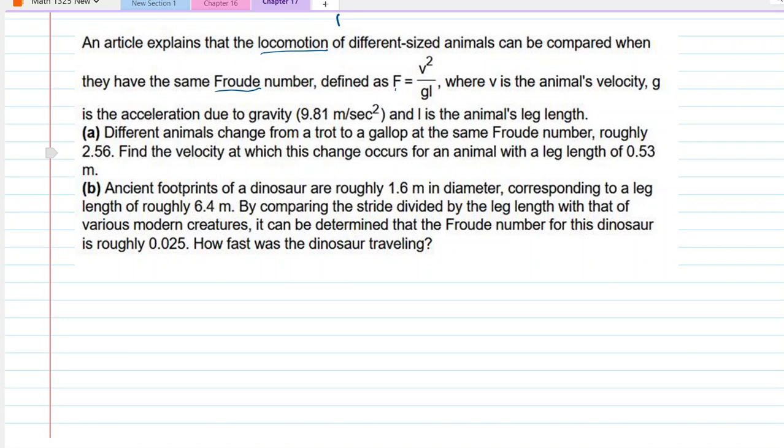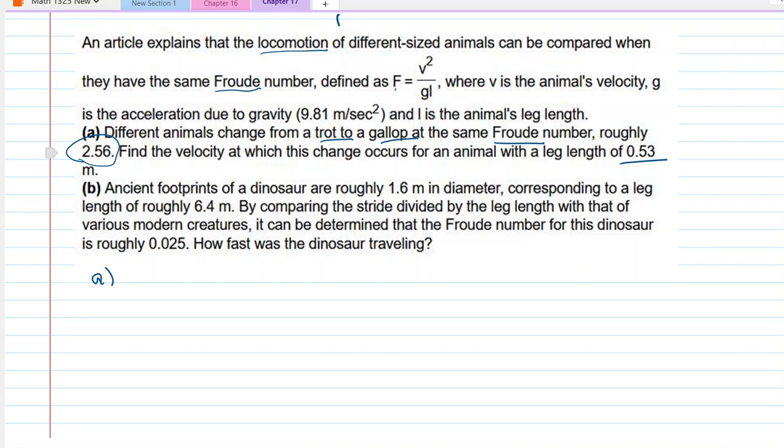So in part A, they want us to use this formula. Different animals change from trot to gallop at the same Froude number, roughly 2.56. Find the velocity at which this change occurs for an animal with a leg length of 0.53 meters.